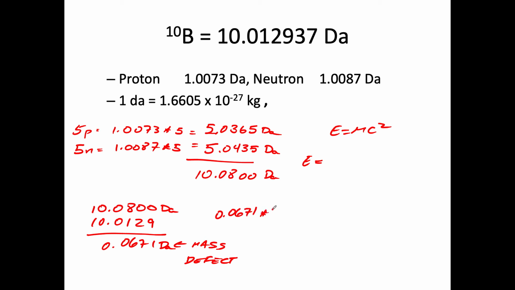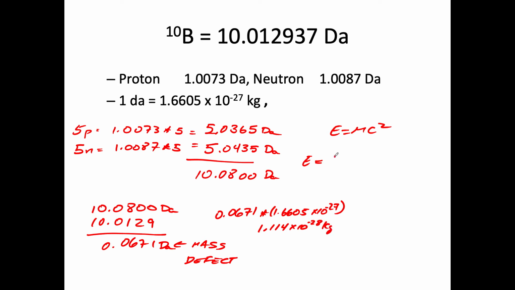So we're going to multiply this by 1.6605 times 10 to the minus 27. And this mass now is equal to 1.114 times 10 to the minus 28 kilograms.